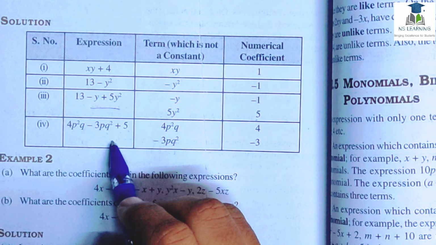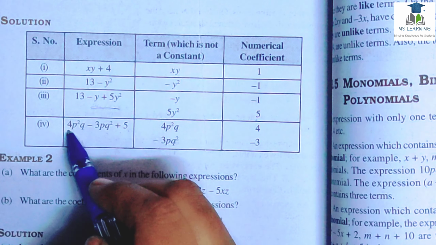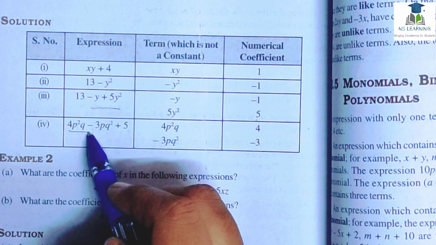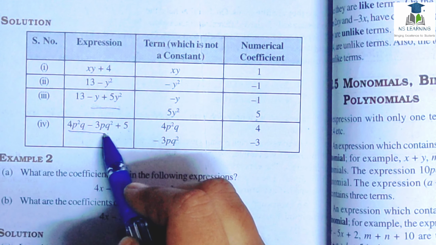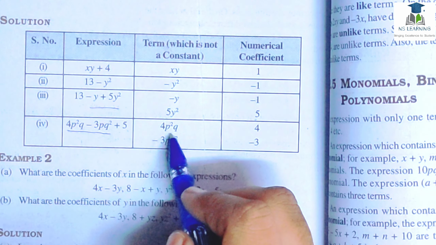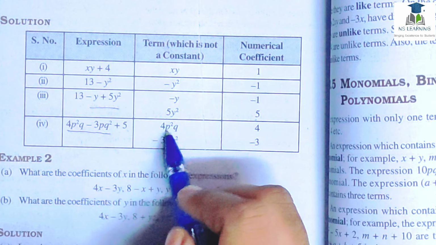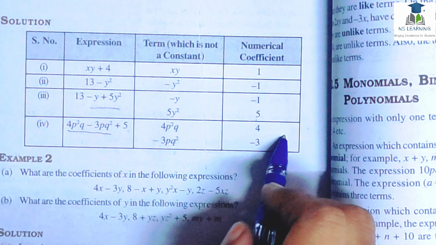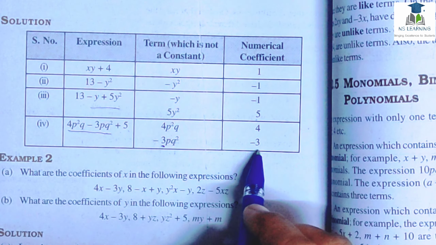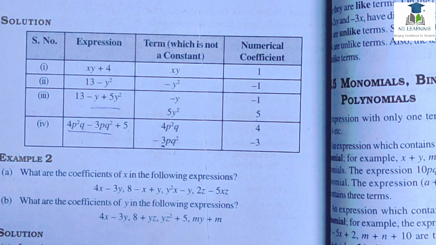Again, first we write the terms which are not constants: 4p square q and minus 3pq square. In p square q, 4 is the multiplicative term, that is, 4 is the numerical coefficient, and minus 3 is the numerical coefficient in the second term. I hope you understand what is a coefficient or numerical coefficient.